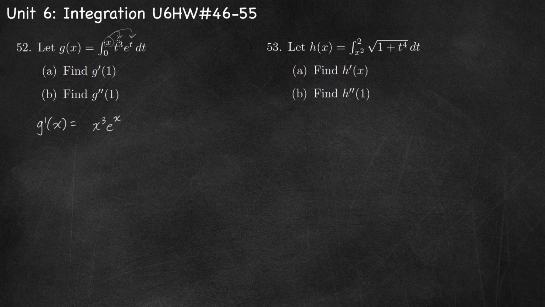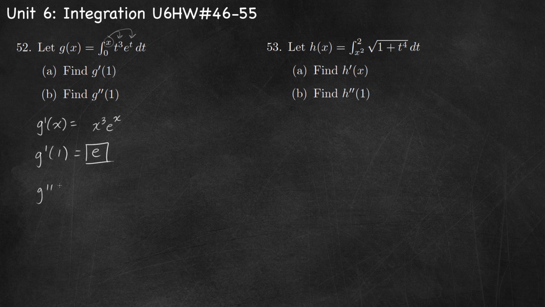Then we multiply by the derivative of that upper limit, which is just 1, minus, and then we do the same thing for the lower limit, but that's just going to be 0. When we multiply by the derivative of 0, we get 0. So g prime of x is x cubed e to the x. And that means g prime of 1 is just 1 cubed times e to the 1, or just e.